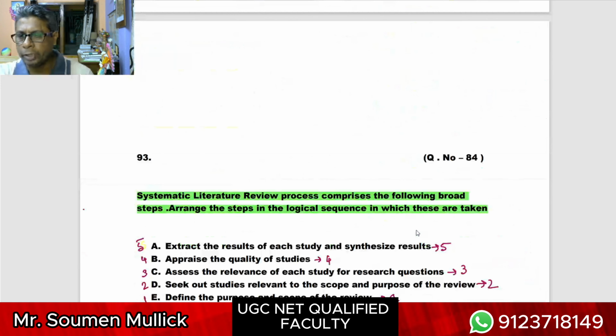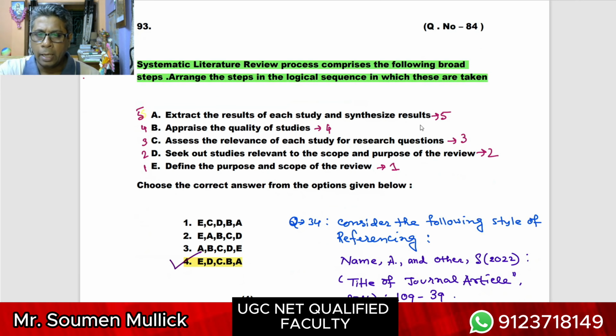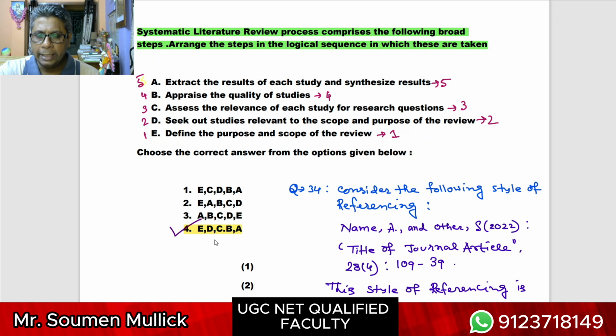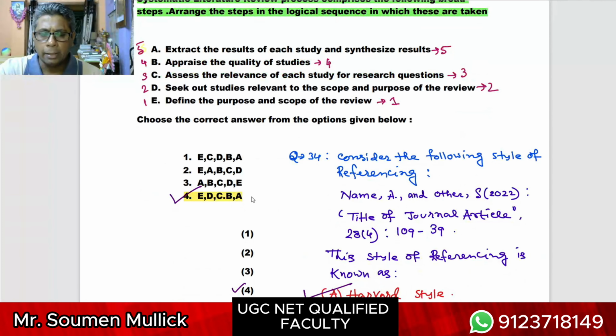Our next question, question number 84. This question is based on the systematic literature review process comprising the following broad steps. Arrange the steps in the logical sequence in which these are taken. According to the logical sequence, option number 4, EDCBA, is the correct one. Step 1, define the purpose and scope of the review.